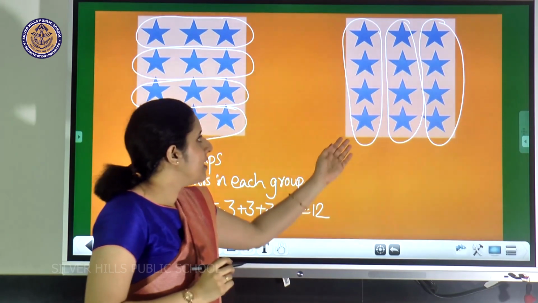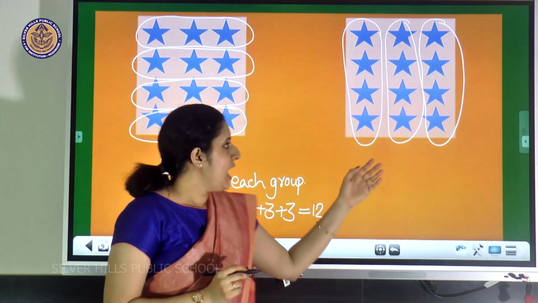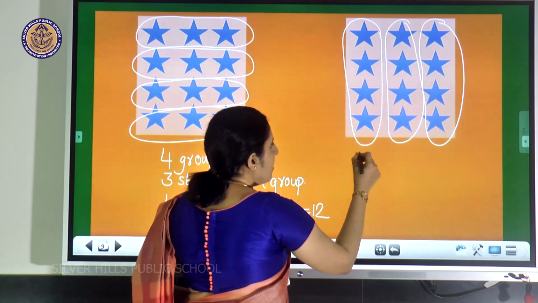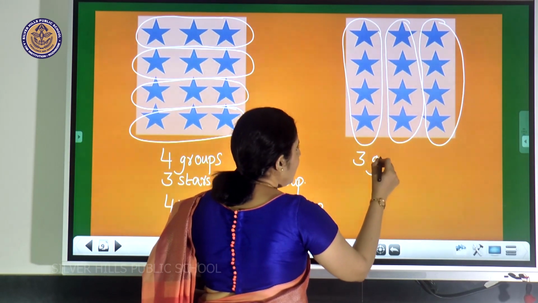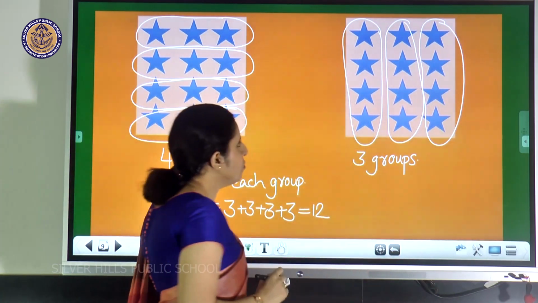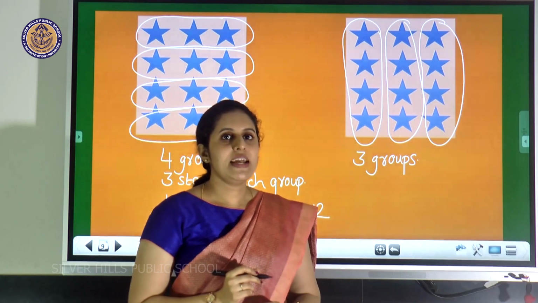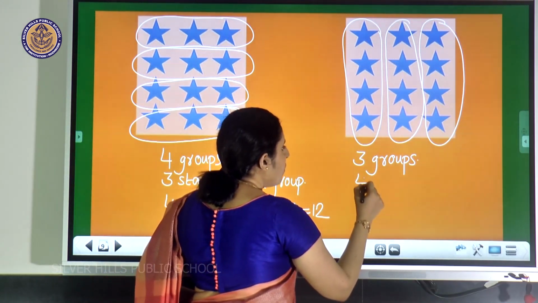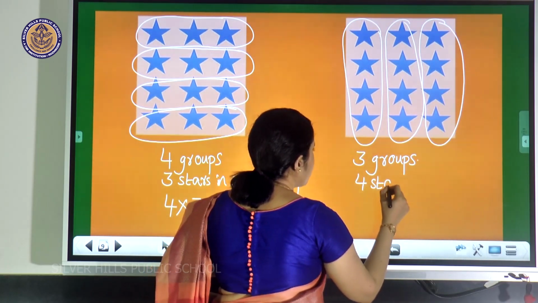See now, here only there are 3 groups. How about here? There were 4 groups. So, here there are 3 groups. And in each of these 3 groups, how many stars are there? Yes, 4 stars are there. So, 4 stars in each group.